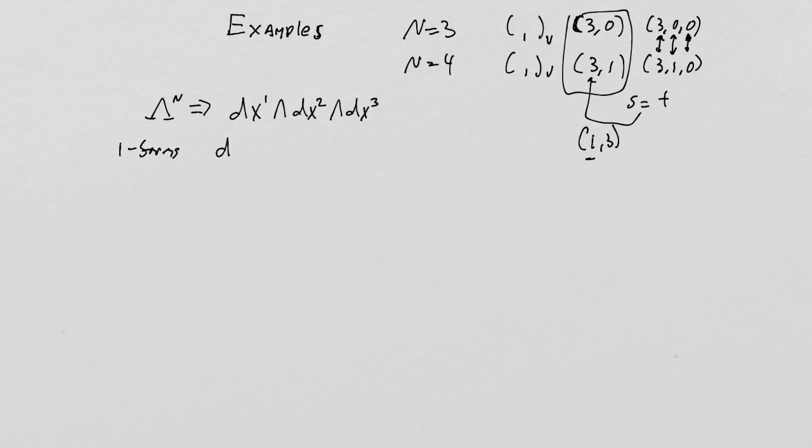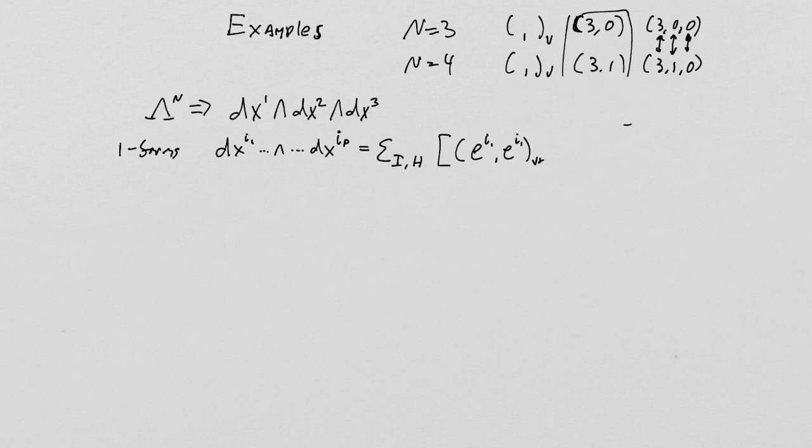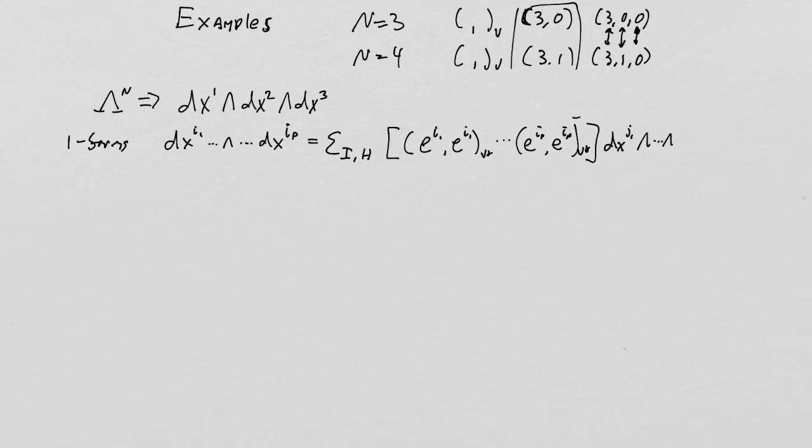I should probably write down the formula for the Hodge dual of dx_{i1} wedge ... wedge dx_{ip}, which is equal to epsilon_{IH} times e^{i1} in V star, up to e^{ip} in V star, and then dx^{j1} wedge ... wedge dx^{j_{n-p}}. Phew. So that's the formula, right?